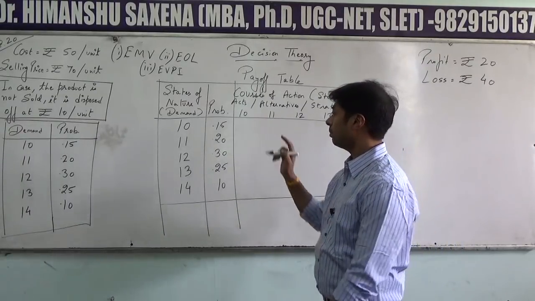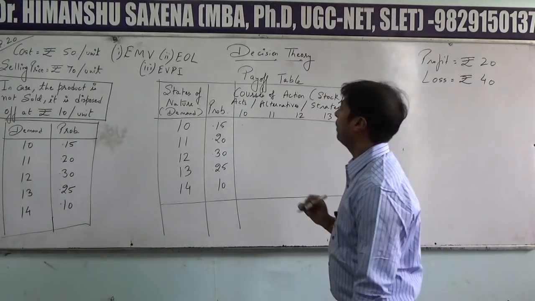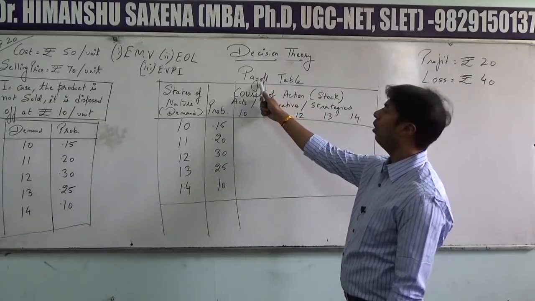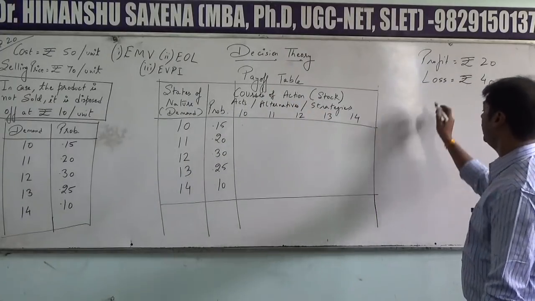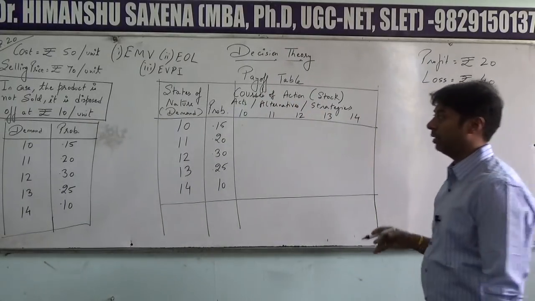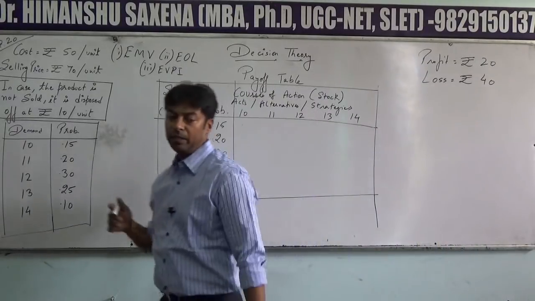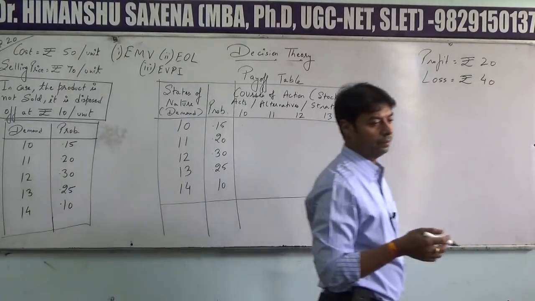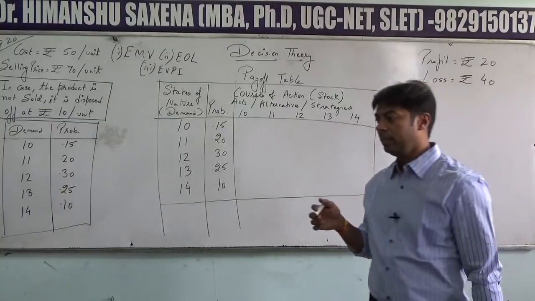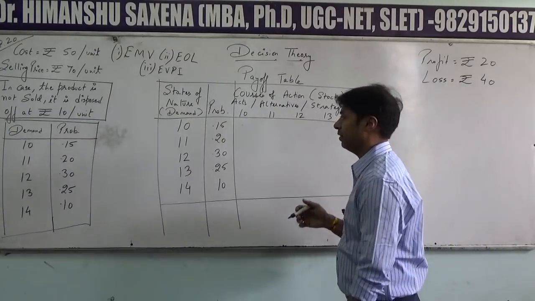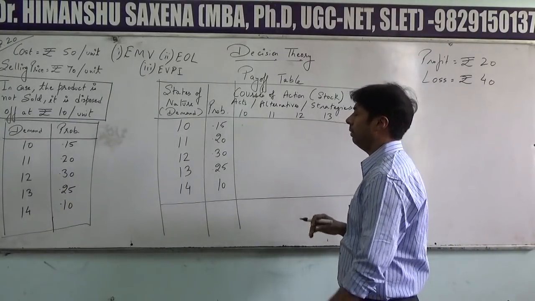Now see, firstly payoff. The word payoff, you can always take it down, is the difference between gross profits and the losses if arising. If there are any losses, you will have to eliminate them.